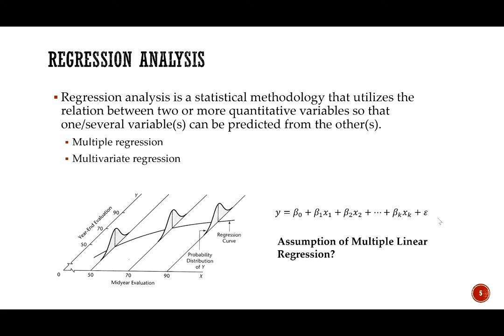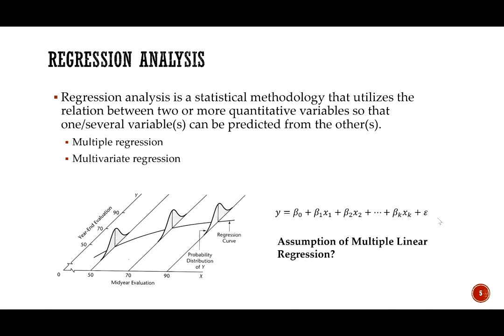Overall, there are two types of regression models, multiple regression and multivariate regression. In this course, we focus on multiple regression, meaning that we have several independent variables and we want to predict one response variable. But for multivariate regression models, we can have more than one response variable.